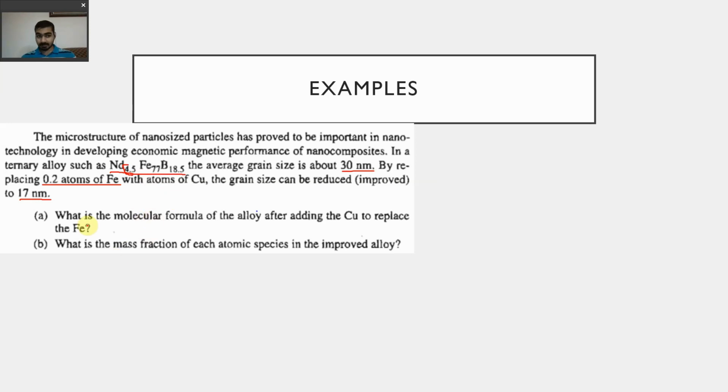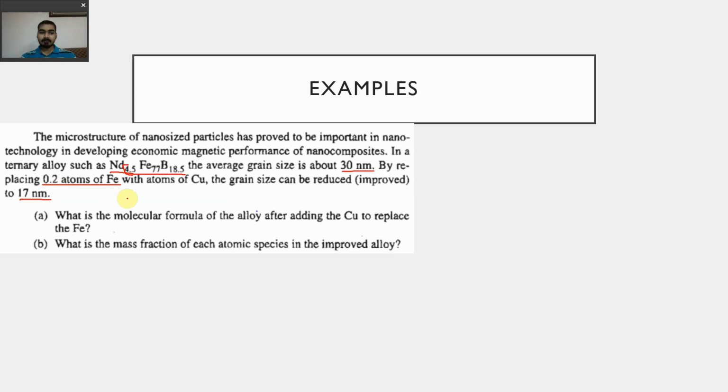What is the first question now? Basis is selected. Now read the question. What is the molecular formula of the alloy after adding the copper to replace iron? Okay, so we are given to manipulate 0.2 atoms of iron, so we will subtract 0.2 atoms. So for iron, 77 minus 0.2 is 76.8, and we are adding copper.